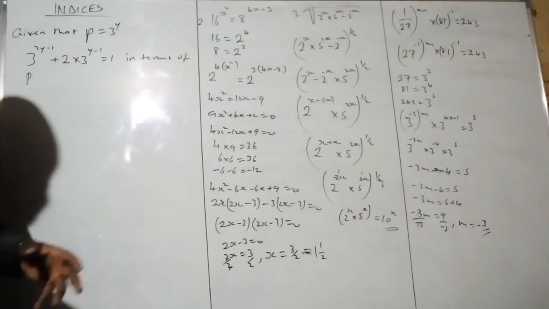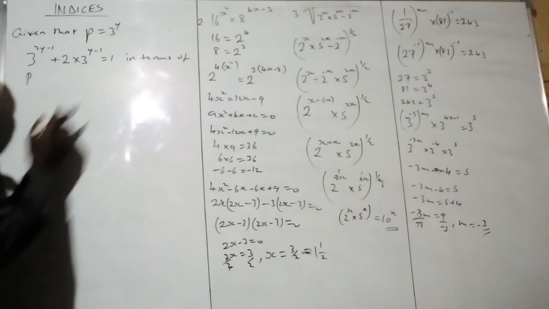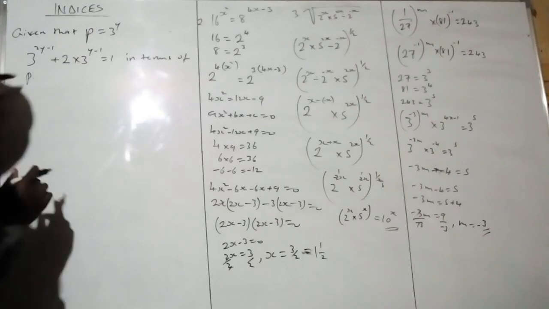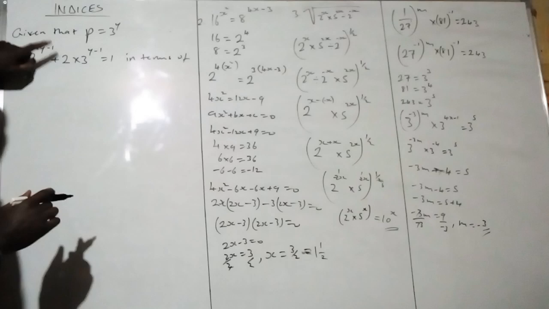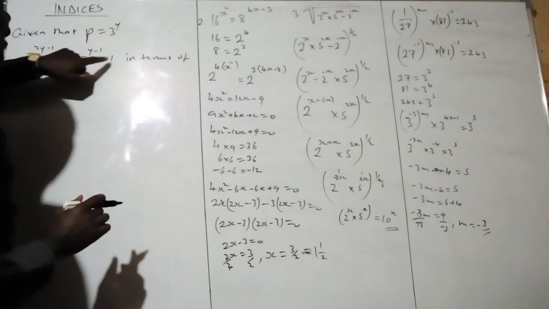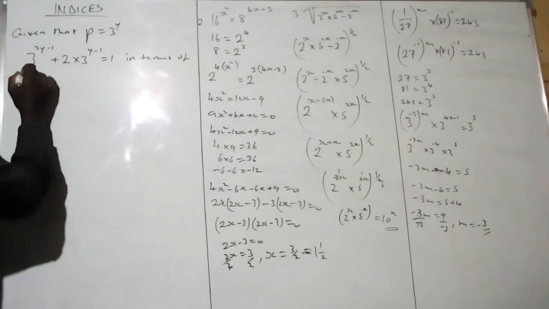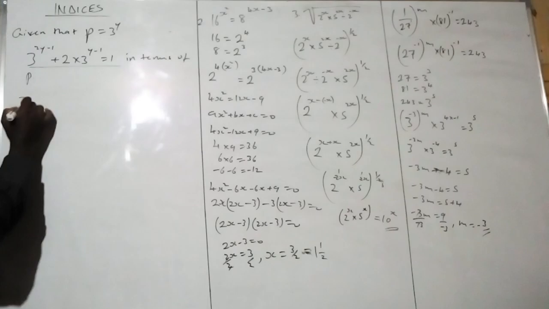We are given that P is equal to this. Express 3 raised to power 2y minus 1 plus 2 times 3 raised to power y minus 1 in terms of P. From this equation, 3 raised to power 2y minus 1 plus 2 times 3 raised to power y minus 1 is equal to 1.